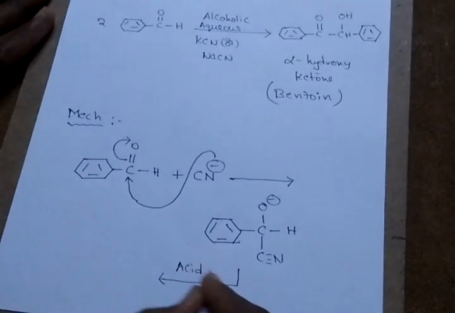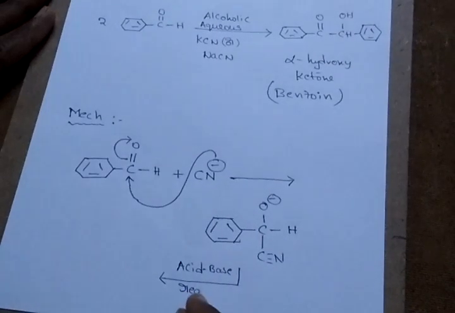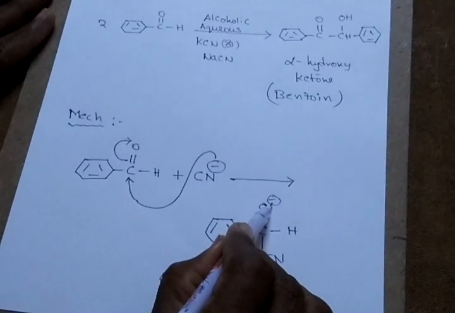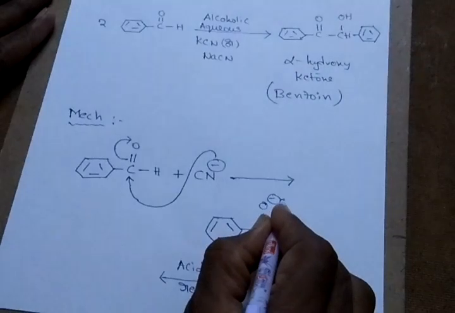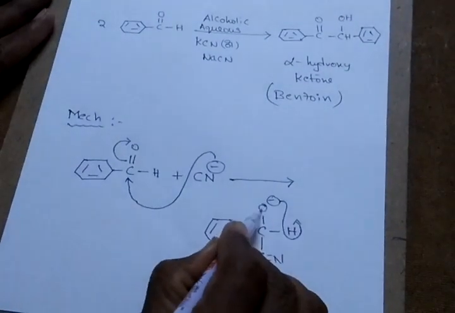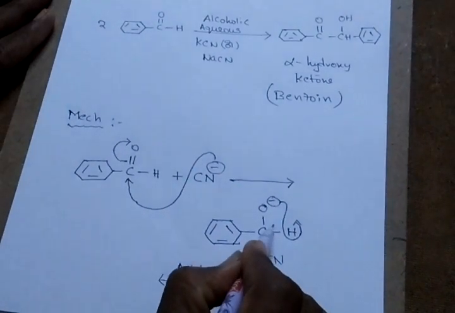Acid base reaction means what? This O minus acts as a base and tends to attract this H plus ion. So it is grabbing this H plus ion, so that this becomes O minus and H plus becomes OH, and on the carbon there comes the negative charge.